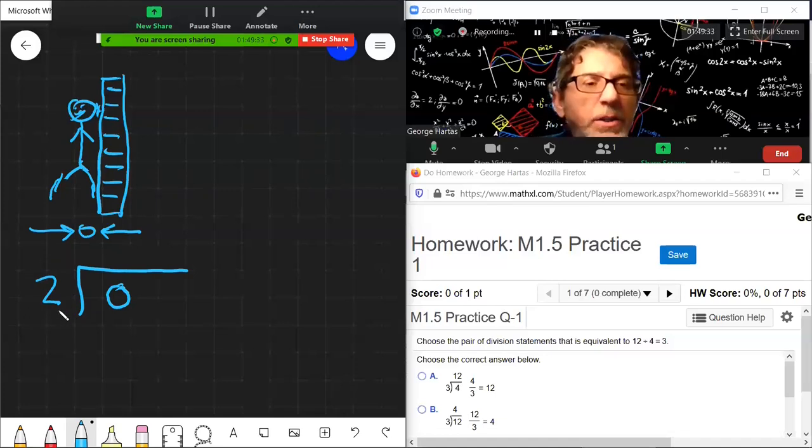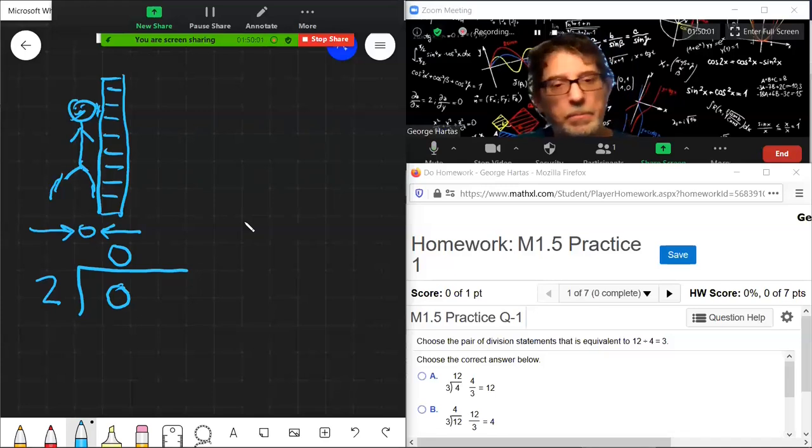How many strides would I have to take to reach the wall, which is right up against me? 0, right? I'm right up against the wall. I don't need to move at all. When you divide into 0, the answer is 0. Okay, the answer is 0.